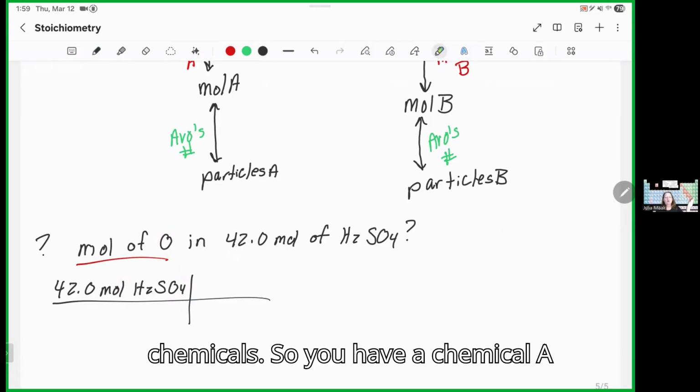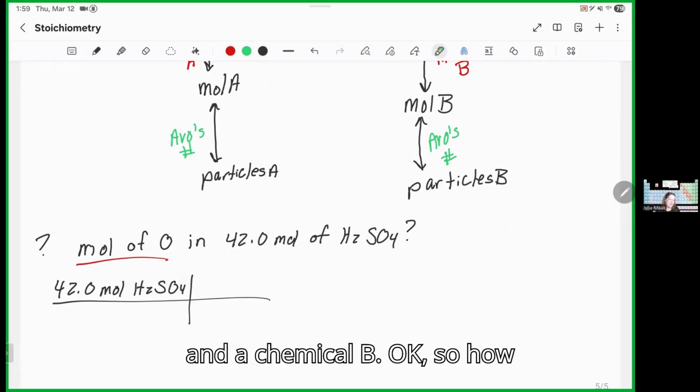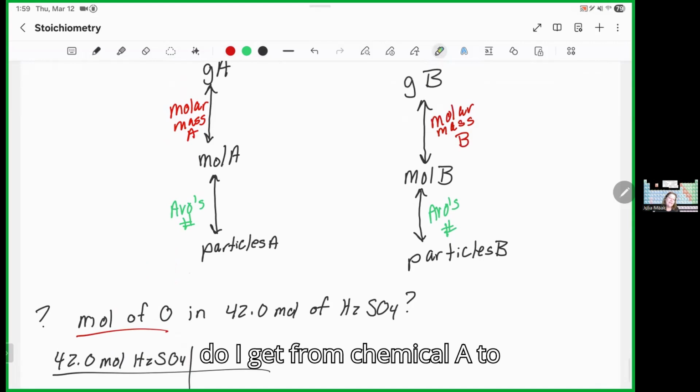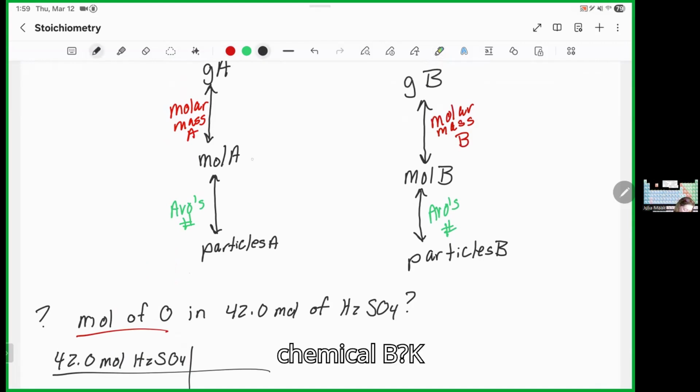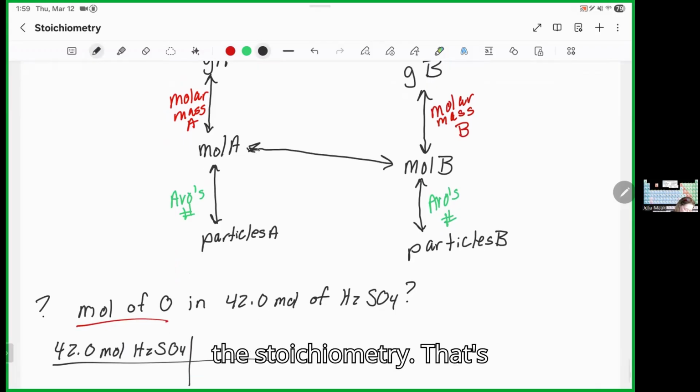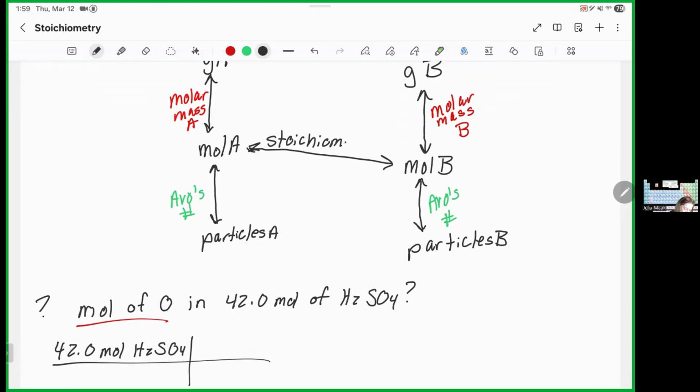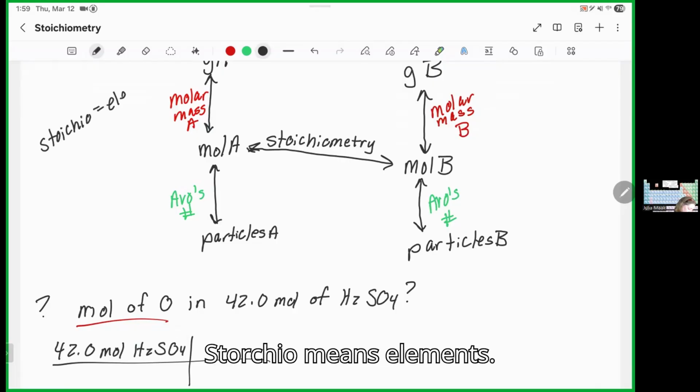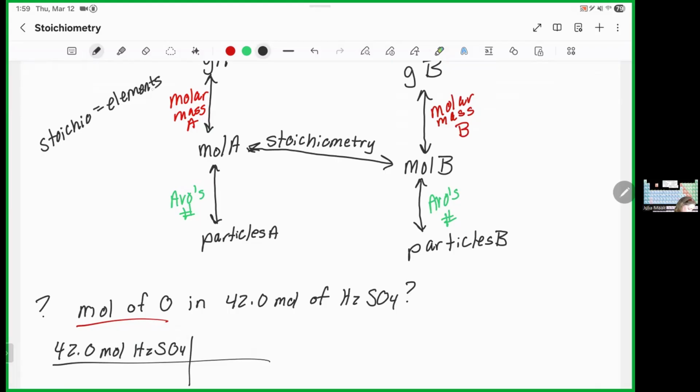So you have a chemical A and a chemical B. How do I get from chemical A to chemical B? That relationship is the stoichiometry. That's what stoichiometry is. Remember, stoichio means elements, and metry means measure.